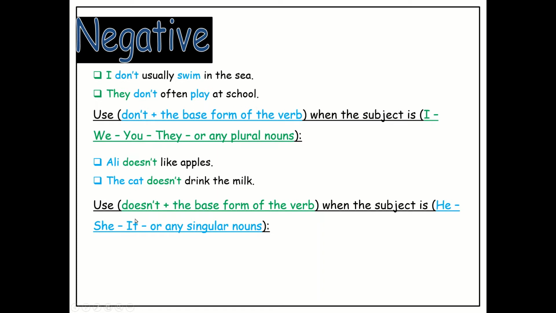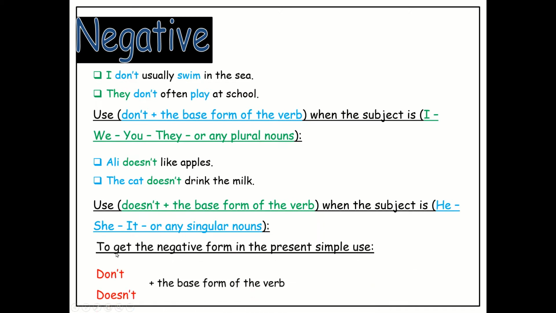And if we have he, she, it, or any singular noun, so we use doesn't plus the base verb. For example, Ali doesn't like apples. The cat doesn't drink milk. So to get the negative form in the present simple, we use don't or doesn't plus the base form of the verb.